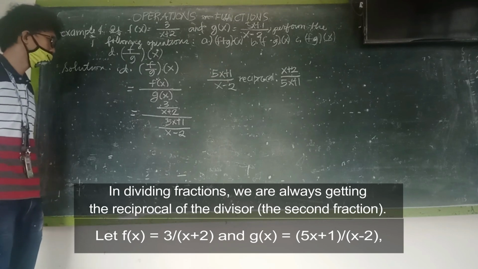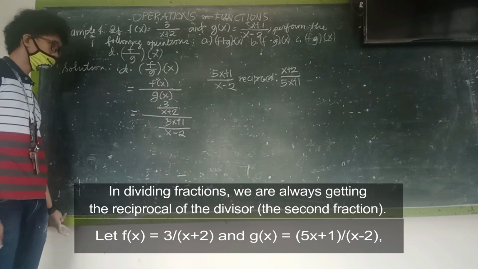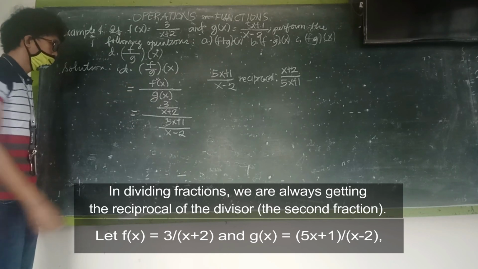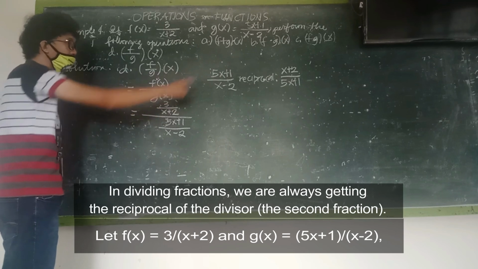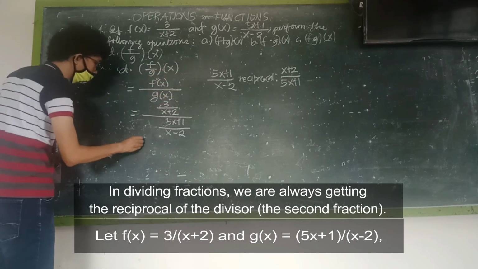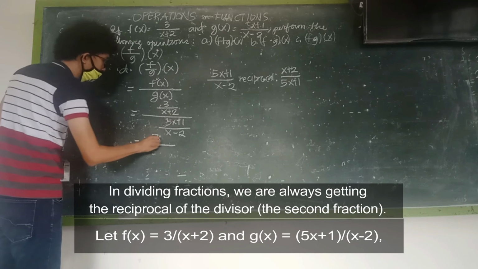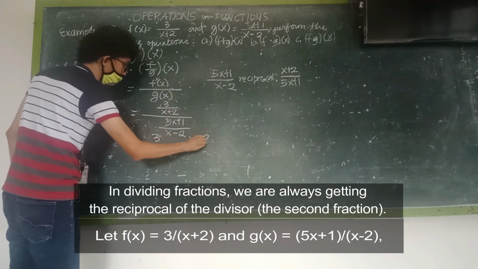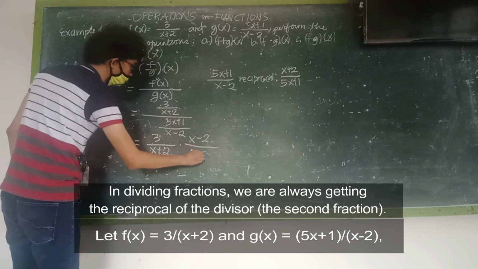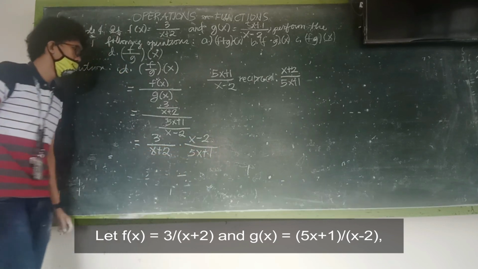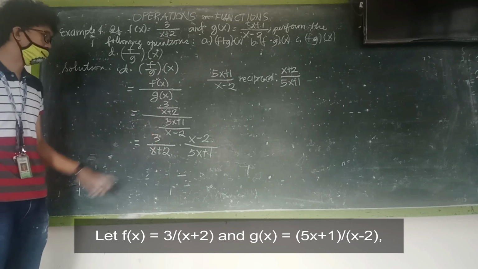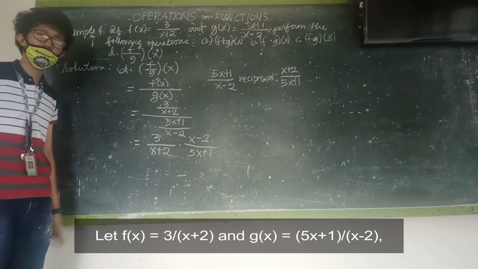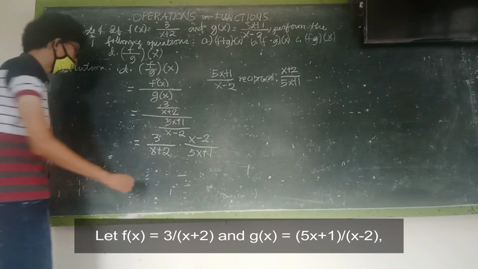Ngayon, i-swap natin itong x minus 2, so i-multiply na natin itong reciprocal doon sa numerator. So, magiging 3 all over x plus 2 times x minus 2 all over 5x plus 1. So, ito na yung i-multiply natin. Multiply natin siya using the previous concept of multiplication of fractions.